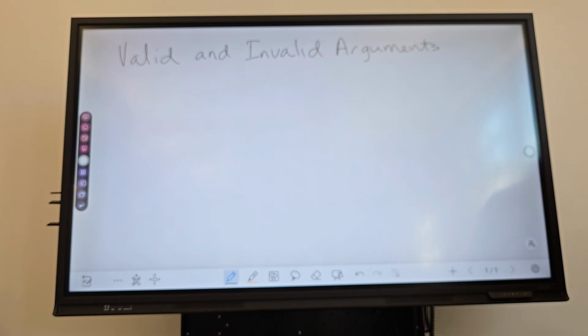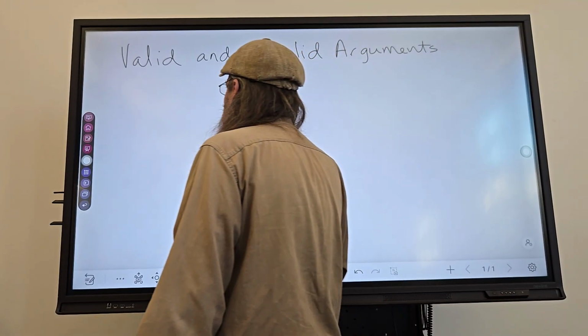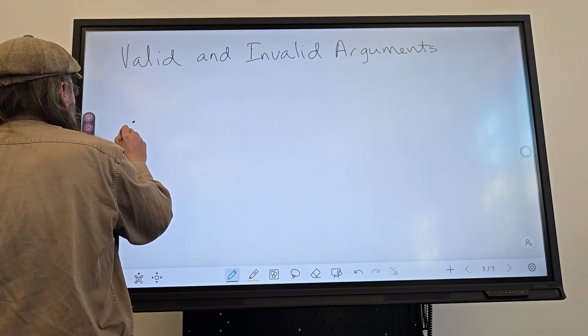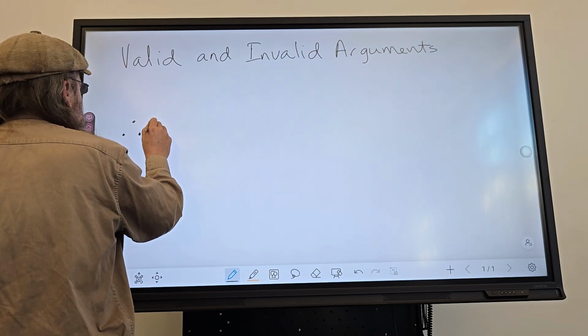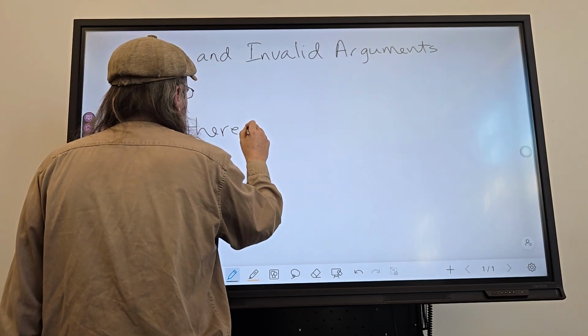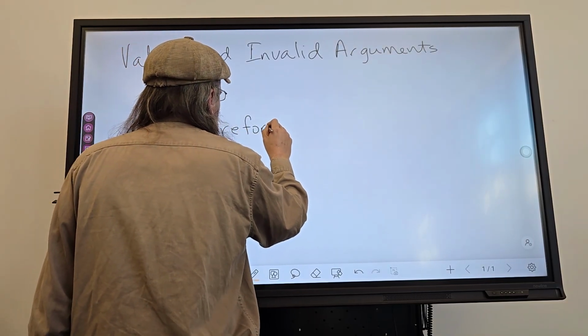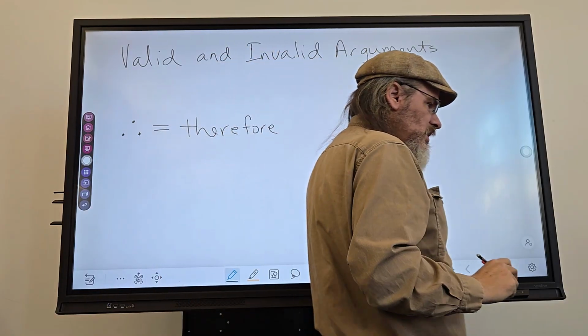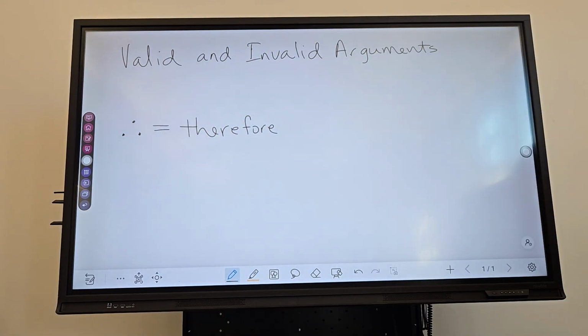The final statement or statement form is called the conclusion. The symbol here, therefore, is normally placed just before the conclusion.